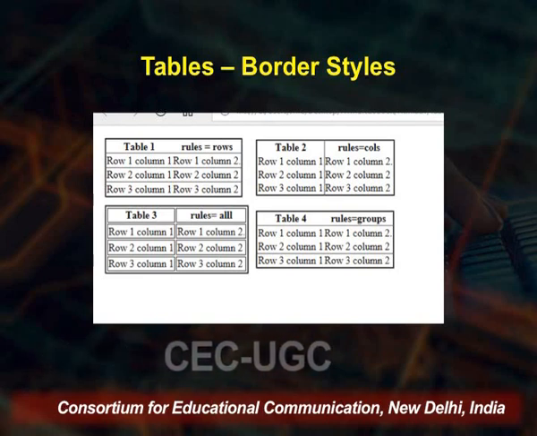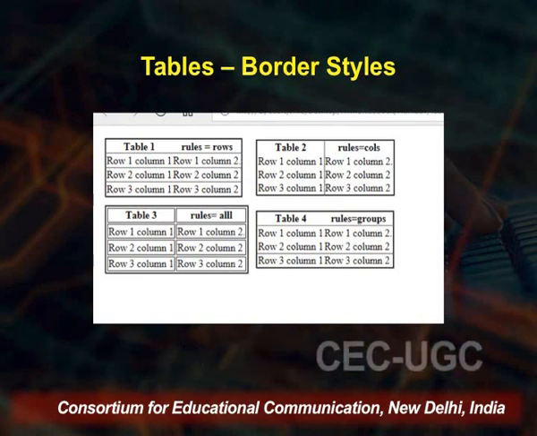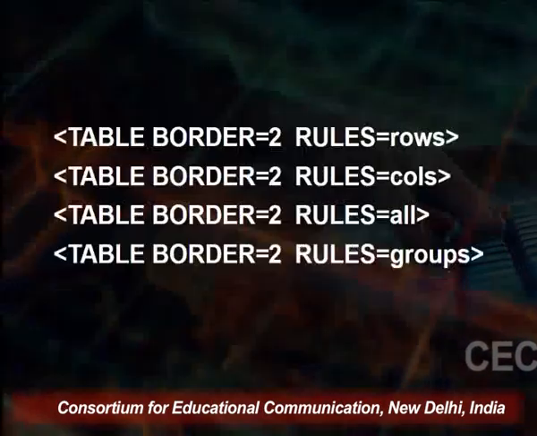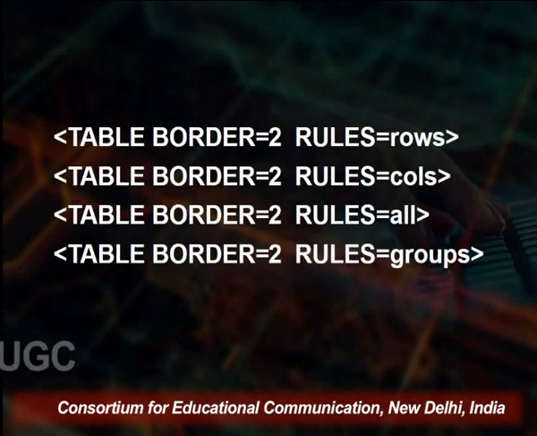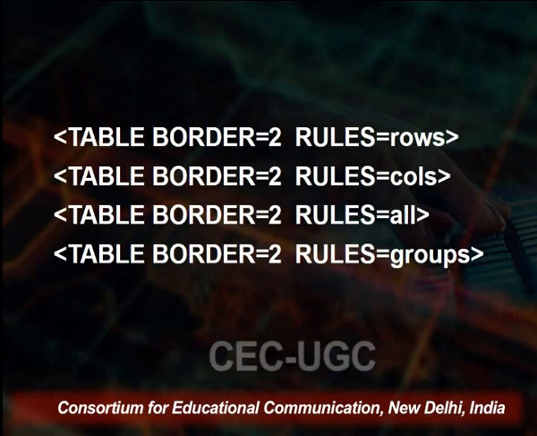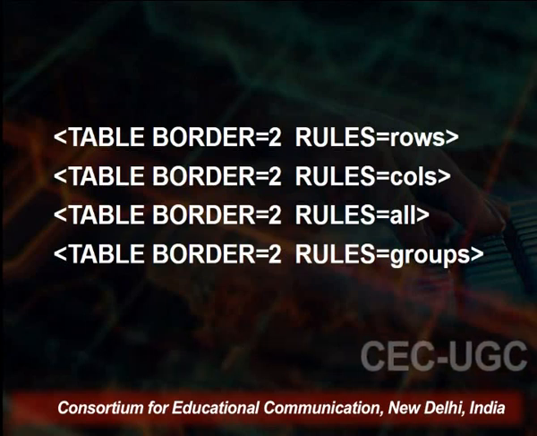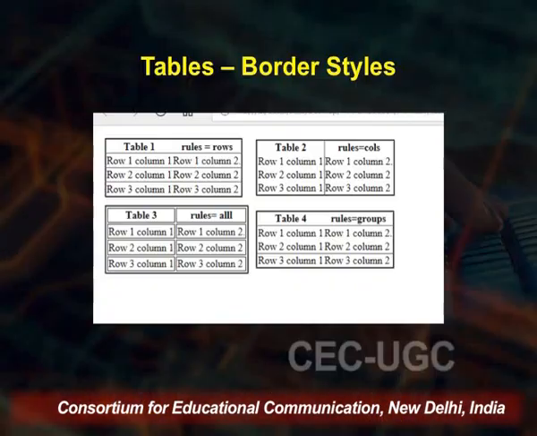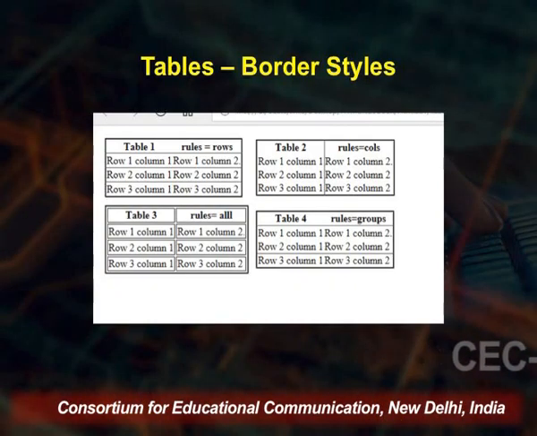So, rules equal to all will show you all the borders, and if you have created sections in your table, like we had created the T head, T body and T foot, then you can give rules equal to groups. Then your table data will appear as grouped also.